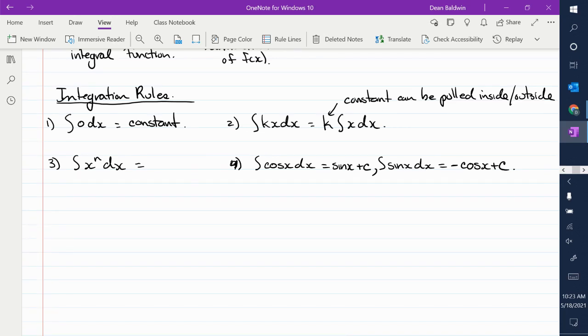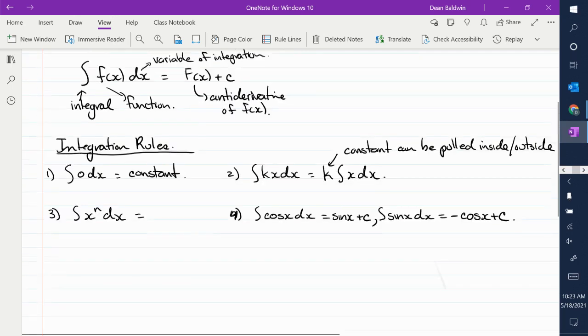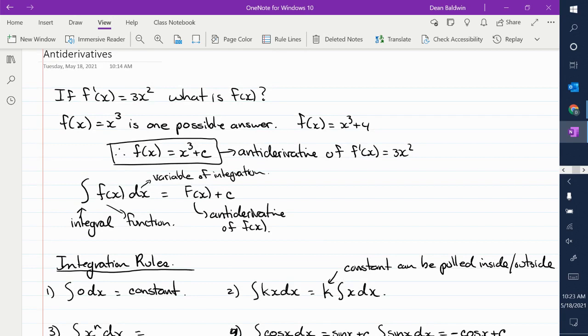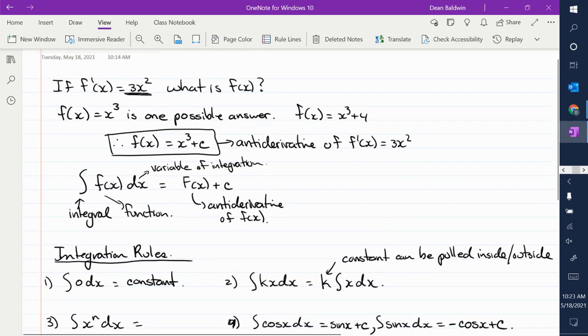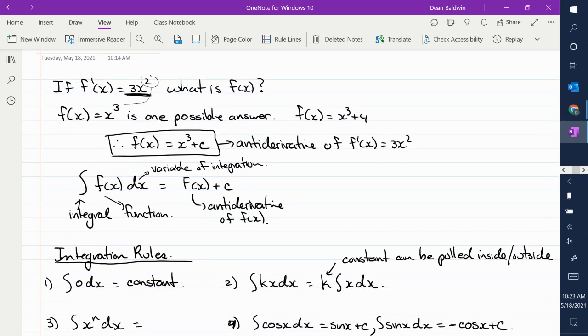So what is the antiderivative of x to the power of n? Think about how you got this one here. N plus 1? Okay. You were on the right track. What happens to the exponent? We went from an exponent of 2 to an exponent of 3. So you add 1 to it, right? Because that makes sense, because when you're taking the derivative, you subtract 1 from it.